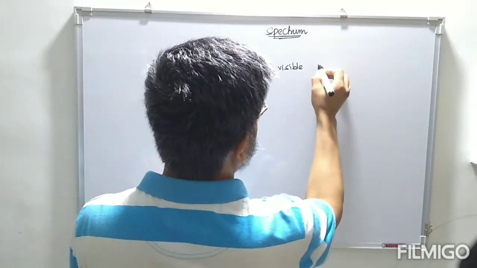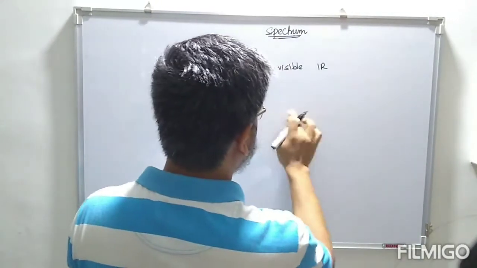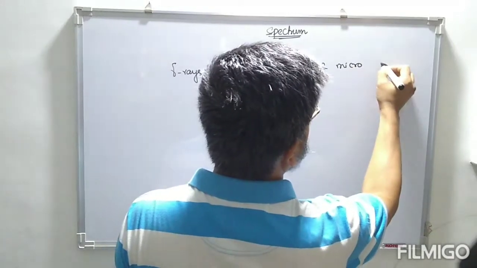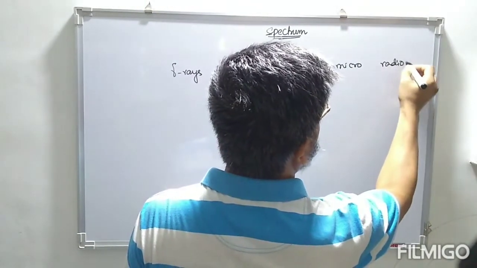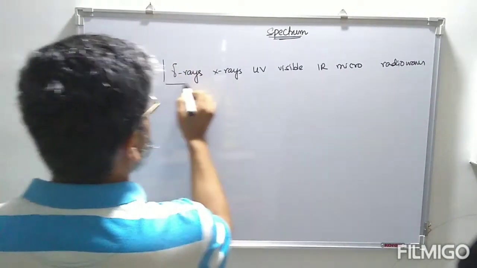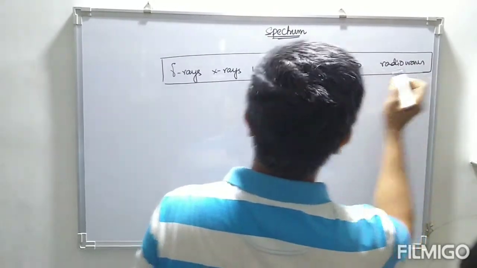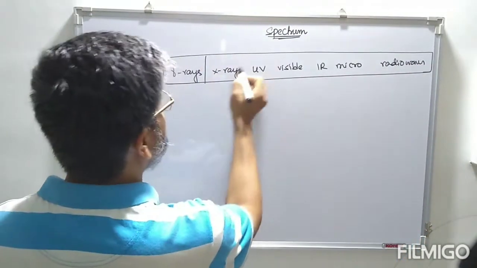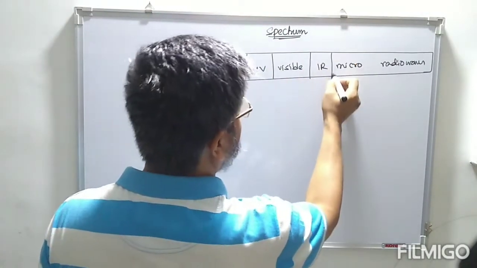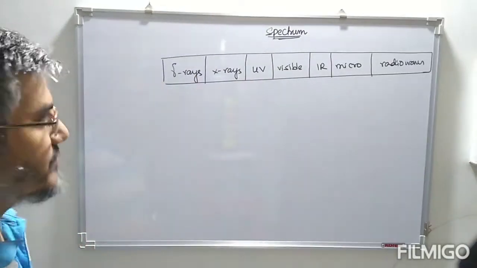After this visible we have infrared. After this infrared we have microwaves. After this we have radio waves. Gamma rays, X-rays, ultraviolet, visible, infrared, microwave, and radio waves.